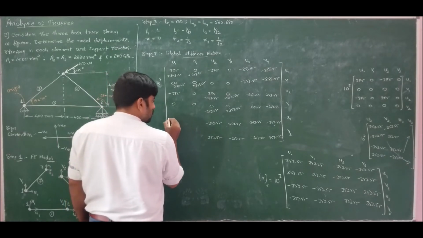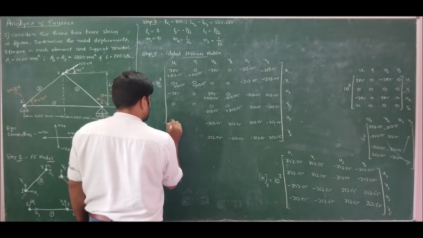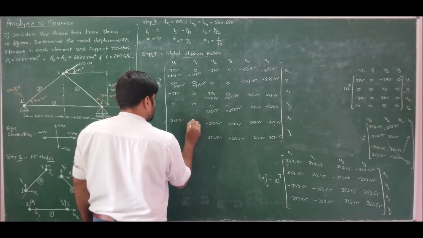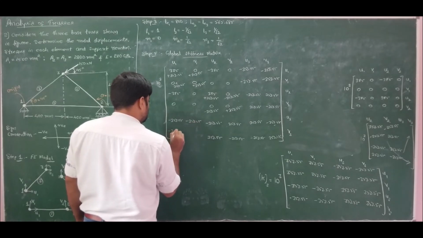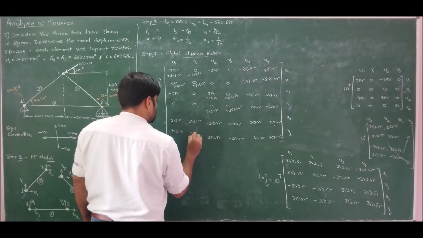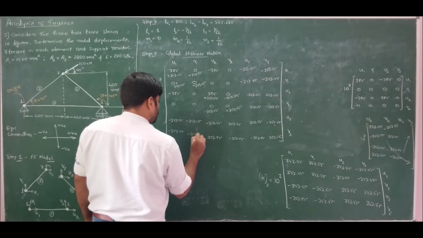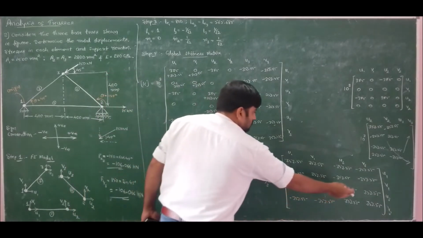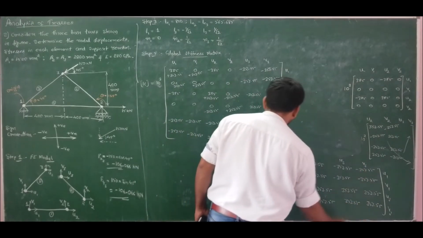So therefore, we should write minus 353.55 minus 353.55 minus 353.55 minus 353.55. Moving for last 4, it is u3 v3 cross u3 v3.